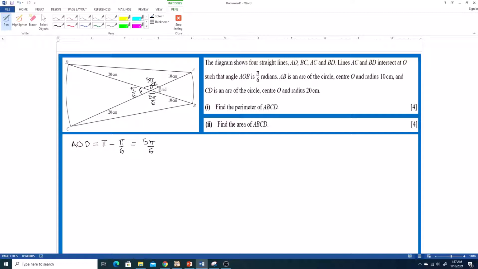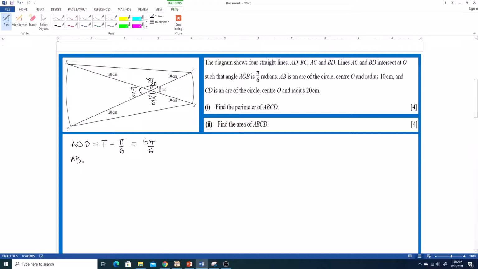So when I'm doing those bits, I'm going to treat them as one, and then I'll just multiply by 2. But let's just work it out. So the first bit of our question is find the perimeter of ABCD. So we need to find AB.